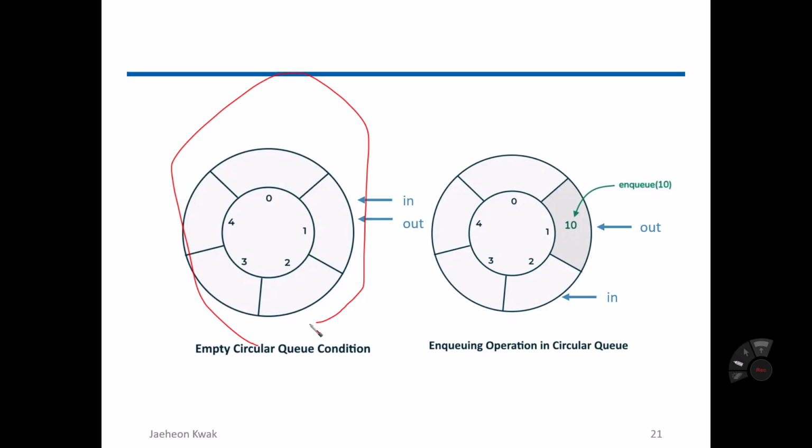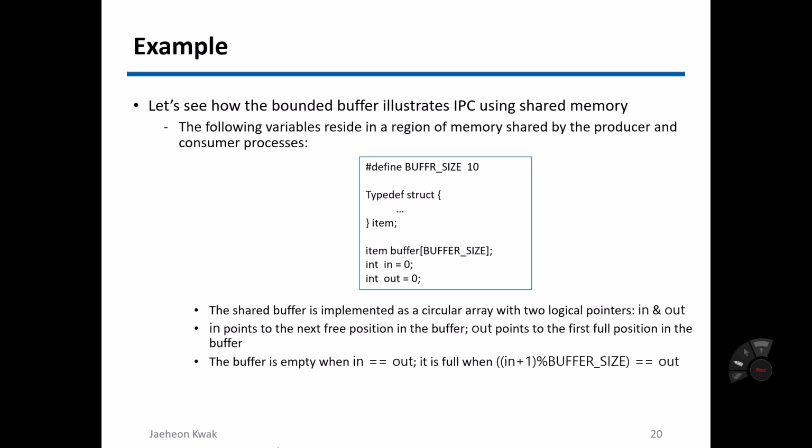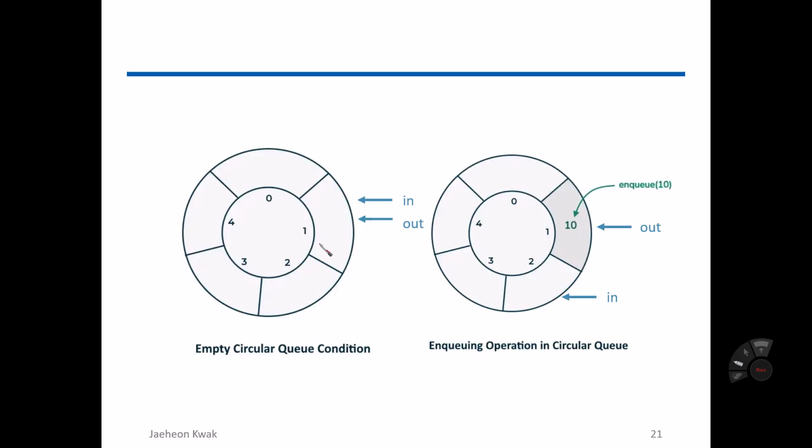At first, the two pointers, in and out, are pointing to the same location. When in equals out, it means the buffer is empty. So there are no values.